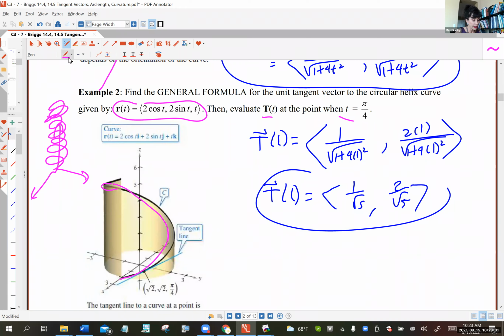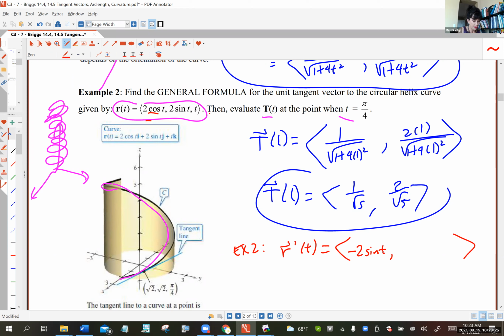Fine, but we got to go get the unit tangent vector. So step 1 here, for example 2, go get r prime and then unitize it. Okay, so here we are with example 2, r prime, and I'm going to write it in component form. So the derivative of 2 cos is -2 sine.